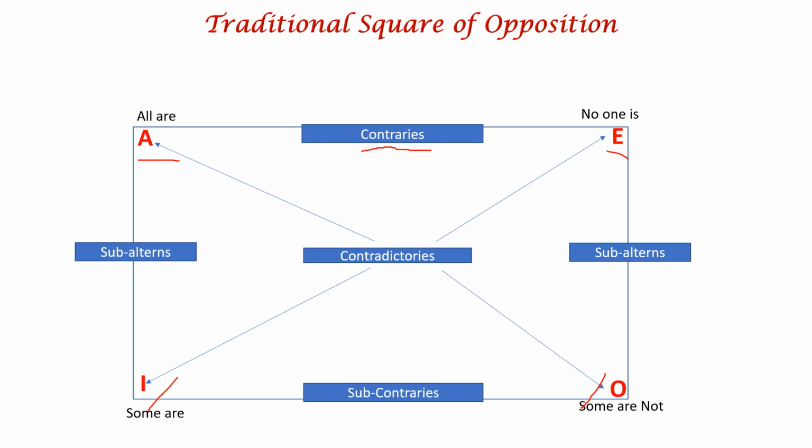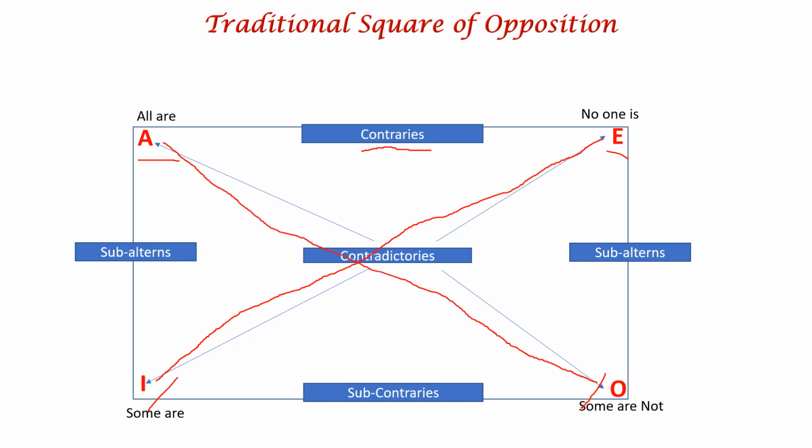And these 2 diagonals, this is one diagonal, EI, and AO, are contradictories. See here, contradictories. AO and EI are contradictories.